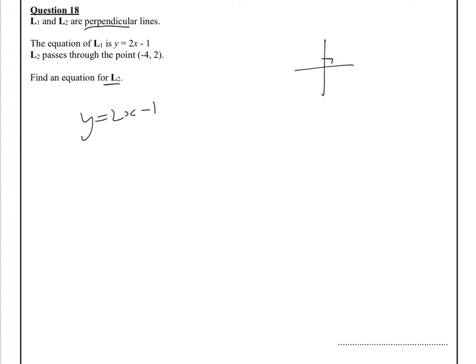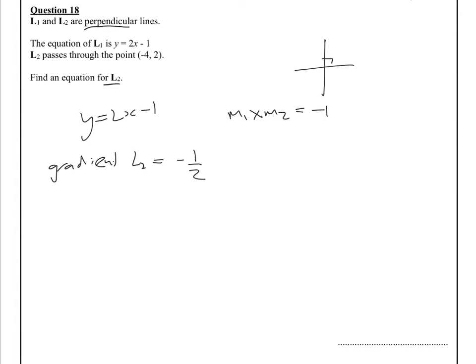So we know that the gradient of the first multiplied by the gradient of the second will give us a product of minus 1. So that means that the gradient of L2 is going to be something that multiplies 2 to get minus 1. It's going to be minus a half.